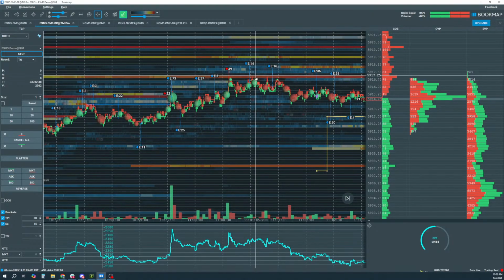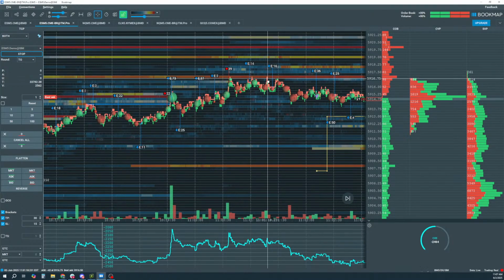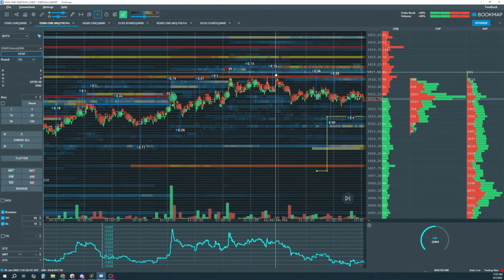Here buyers aren't willing to take it to 17. They're just not. We can see here, this is the high of the day at 17.5 right here. You can see that we come up near it here, and we see exhaustion here. So now we're looking for icebergs to absorb a lot of that buying pressure as well.